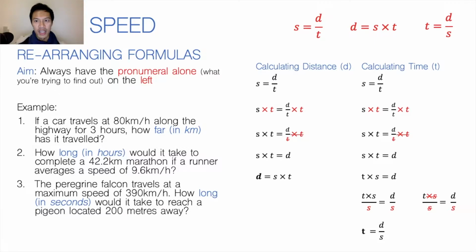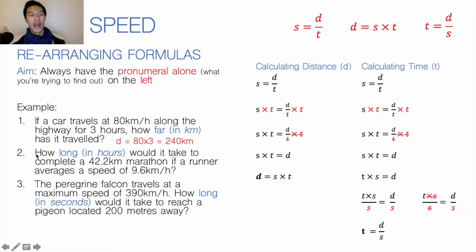So in this particular case, I'm going to write out the pronumerals that I have, and then I'm going to work out the one that I need, which is distance, okay? So distance would therefore be equal to 80 kilometers per hour multiplied by the 3 hours that you have traveled, right? Therefore, if you go 80 kilometers an hour for 3 hours, you multiply by 3 to give you 240 kilometers that the car has traveled, okay?